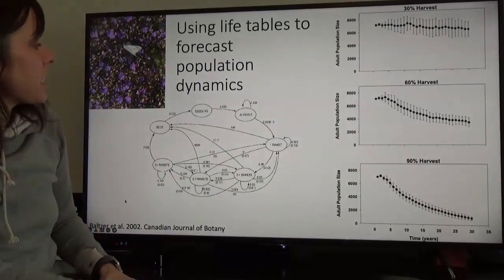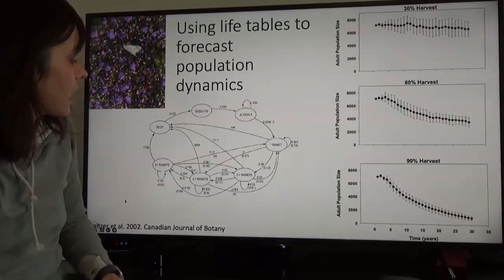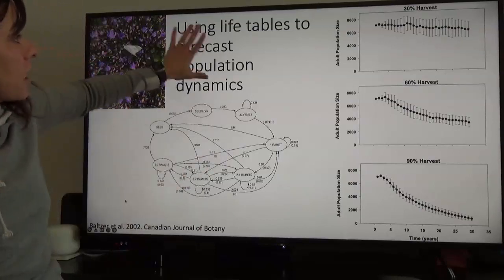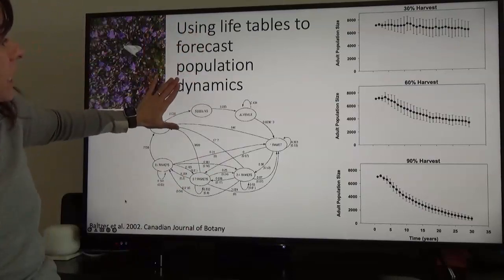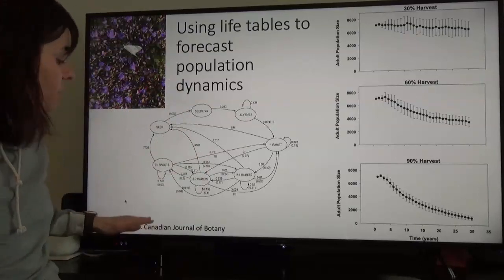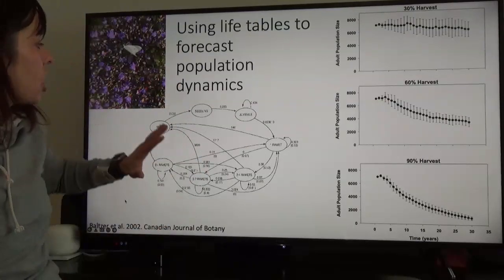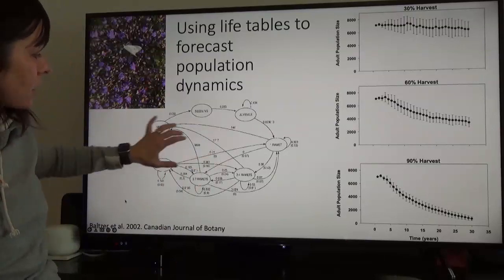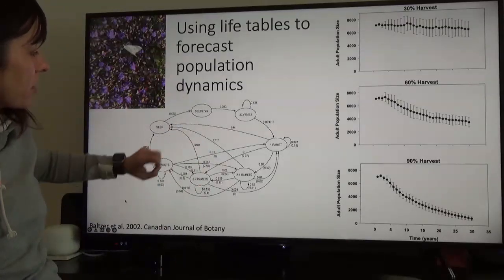And so this is just an example. We talked about the fact that information from life tables can be used to forecast population dynamics. And this is just an example from that paper I was mentioning that was from my own undergraduate thesis research, where we did just that. And this is a little fuzzy. I can provide you guys with the paper if you want.